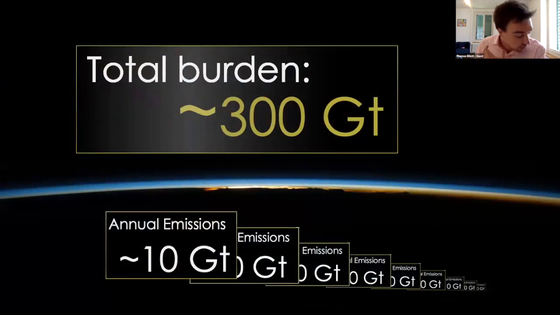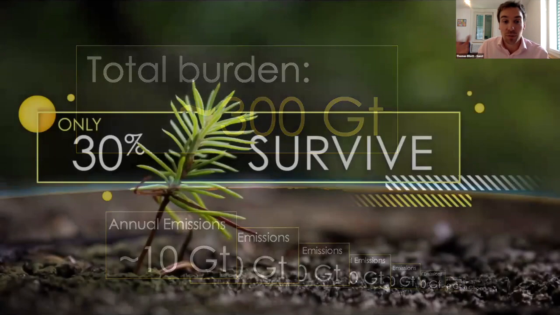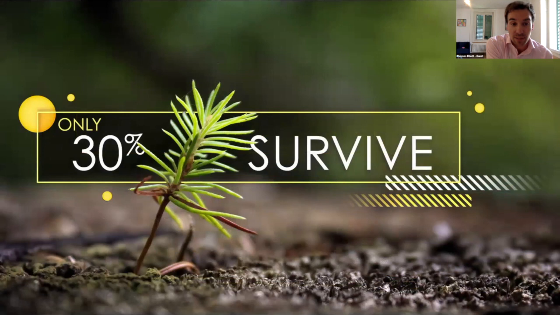So bringing it back into context, this is all showing that these natural ecosystems have an incredibly powerful role to play when we're talking about pulling down the 300 gigatons of carbon in the atmosphere. But like any solution this powerful, it also comes with very high risks.